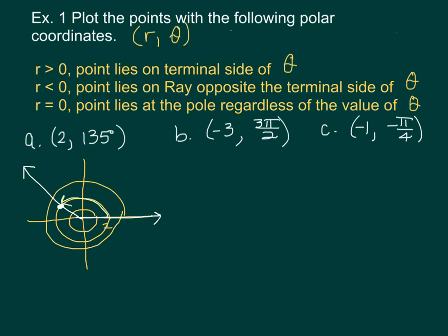Okay, part B. We're going to first go to 3 pi over 2. And you should get in the habit of labeling these. I should have labeled this. If it's in degrees, you label them in degrees. So here's 3 pi over 2. Let me do it in a different color.